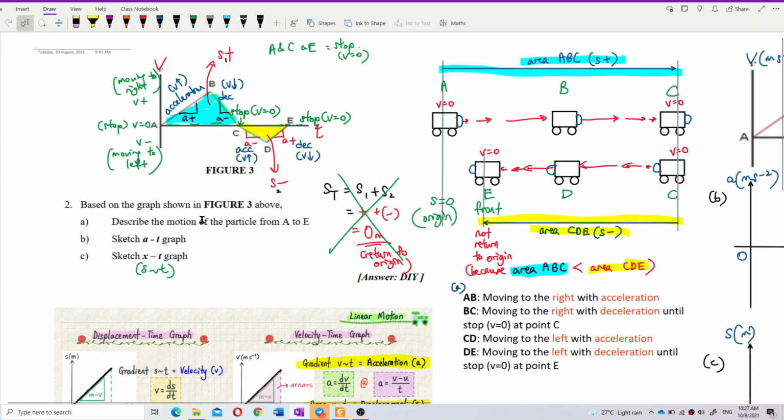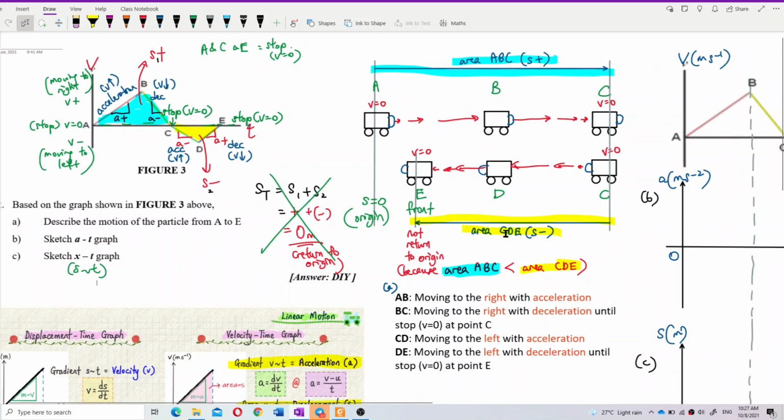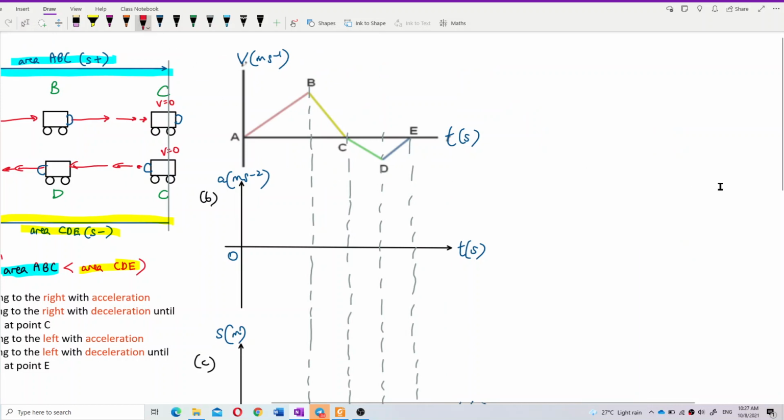Now look at question B. It asks us to find the acceleration time graph. So how to draw? Again, very simple. Acceleration is dv/dt, the gradient of the velocity time graph. So this is acceleration positive, this is acceleration negative, this one also acceleration negative, this one acceleration positive.